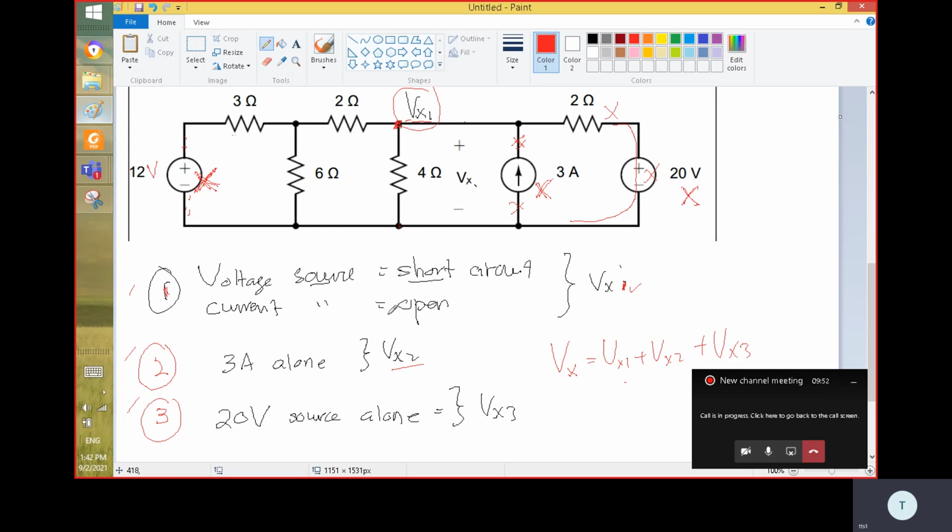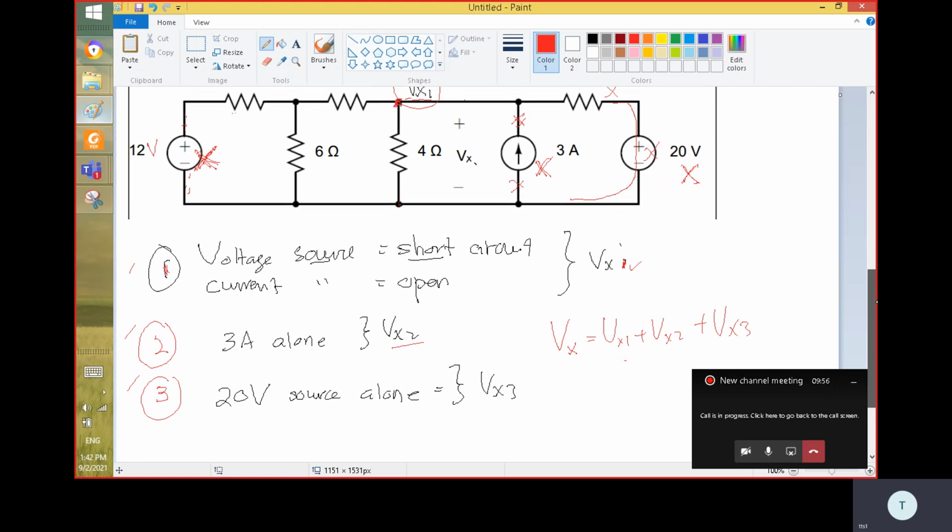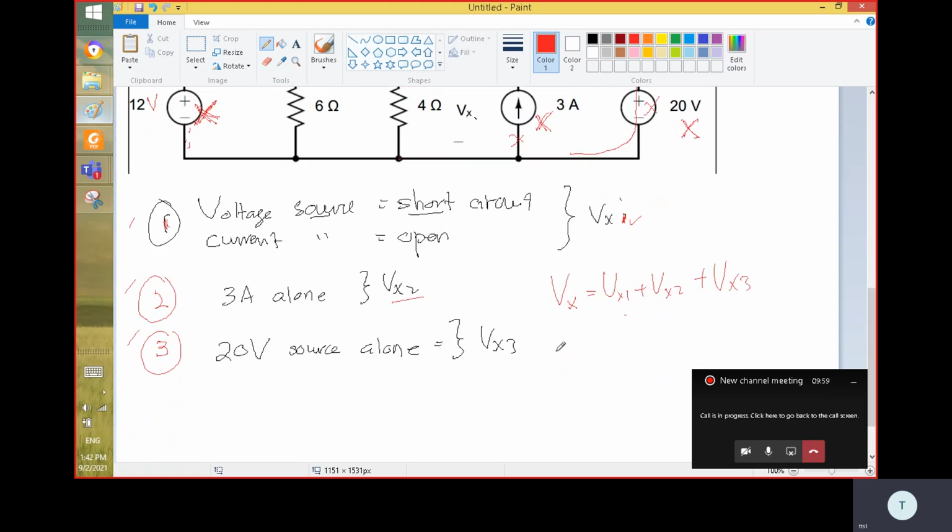So these are the 3 steps you need to follow. So the answer is Vx equal to something volt. You need to add these 3 voltages to get this number. All right, this is for question 4.